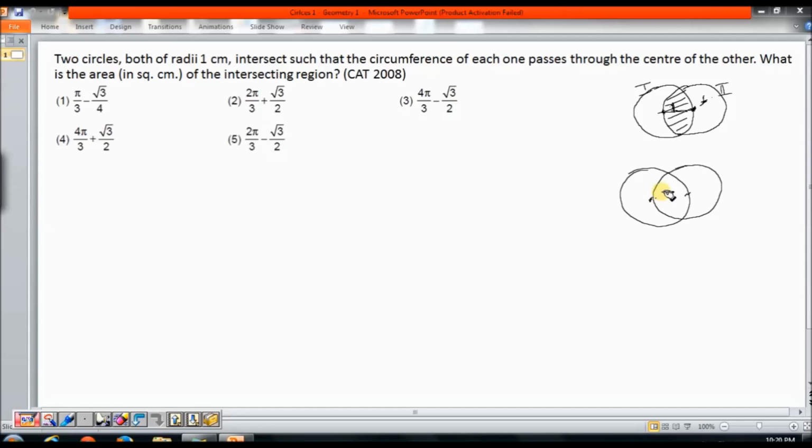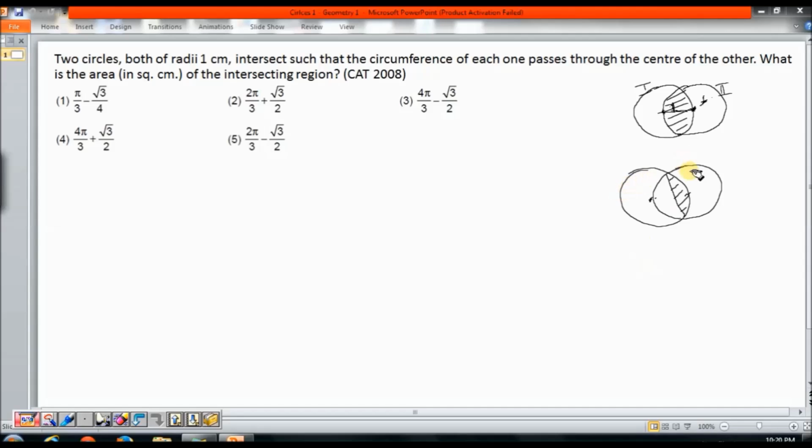Now, if I want to find the area of this region, what I can do is, I should first try to find out the area of this one part alone. If I can find out the area of this one part alone, I can double this. 2 times of it should give me the area of the whole region. So I will first try to find out the area of this region.